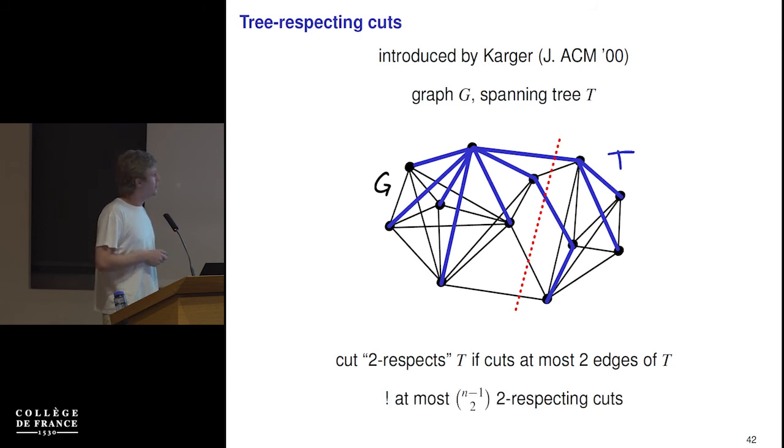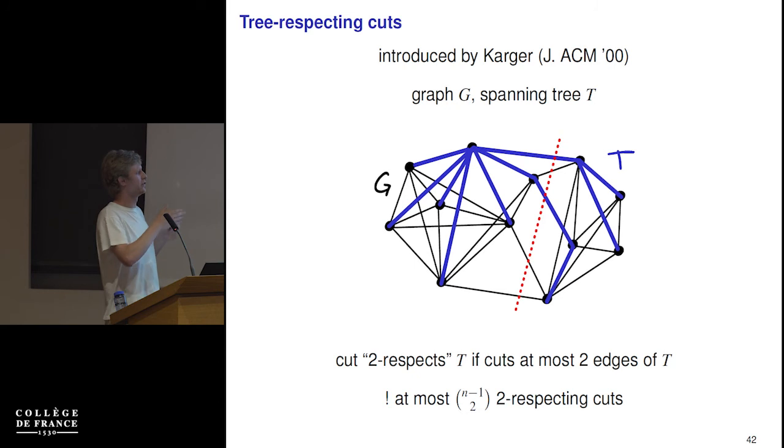And notice that for a given spanning tree T and a given input graph G, there are at most n-1 choose 2 respecting cuts, because T has n minus 1 edges, as a spanning tree of a graph with n vertices. Okay, this is not exactly right. Every 2-respecting cut of T cuts at most 2 edges.